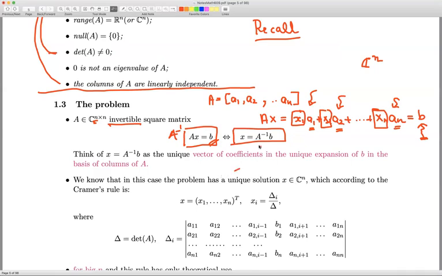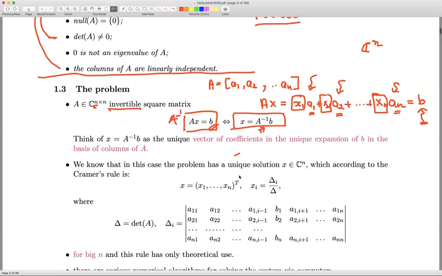However, in practice, this is not the formula that is in fact used, because for large n's, which are problems coming from real life, the computation of A inverse is very difficult, and this is not what people do for various reasons. So we cannot use this formula to compute x.